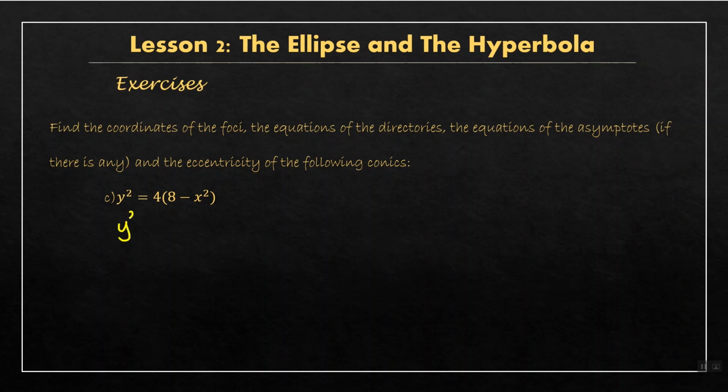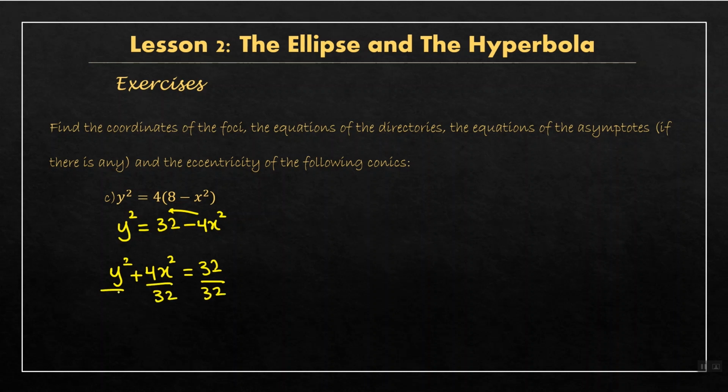So first of all, I'll open the brackets. So y squared equals 32 minus 4x squared. The second thing, I will transpose this one because it's negative. So y squared plus 4x squared equals 32. The third step is to divide by 32 because I want this side to be 1.